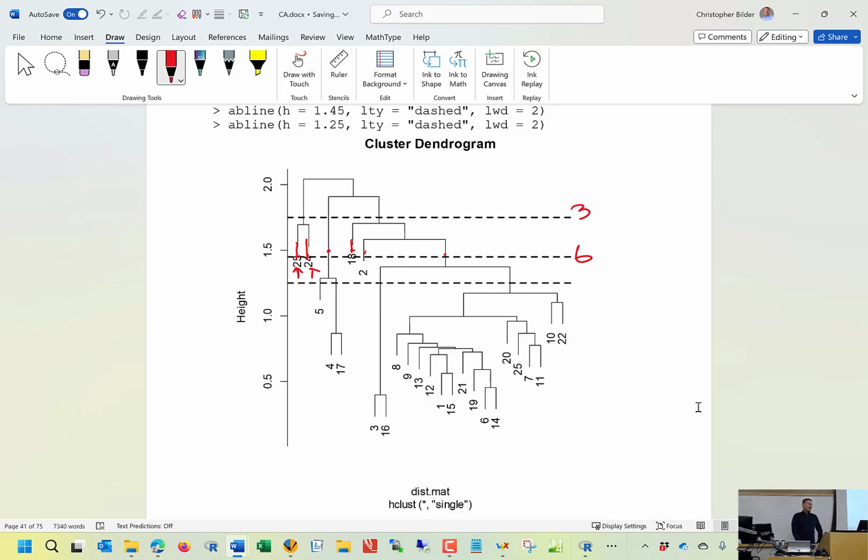Typically, it is not ideal to have a cluster with only one observation in it. So that's something to think about. Would we really want to use 6 clusters in this particular case? And then we also have a case where we have 1, 2, 3, 4, 5, 6, 7, 8 clusters as well.